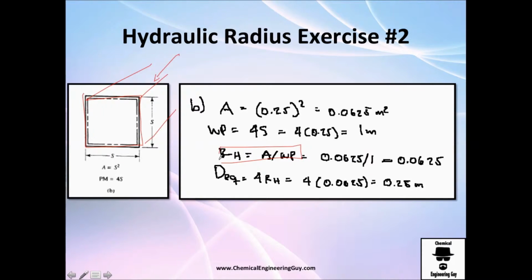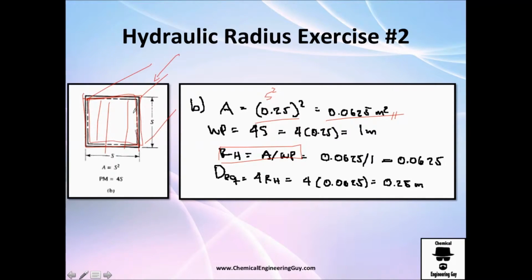Hydraulic radius by definition is the area of flow divided by the wet perimeter. So the area of flow, as you can see, is all this square. Easy one, s to the second power, which is 0.25 to the second power, and I got this number. And now, what is the wet perimeter?